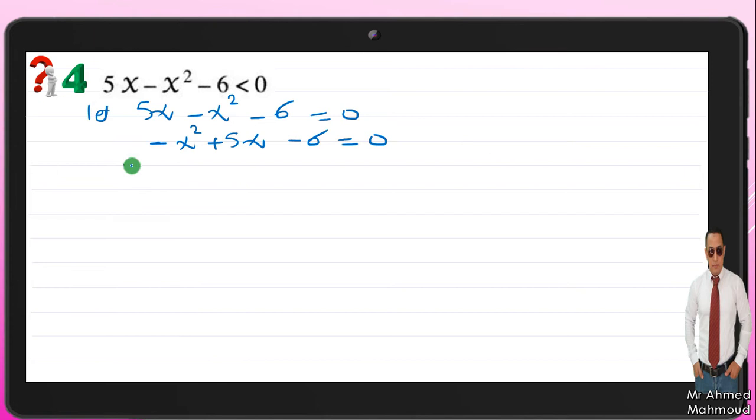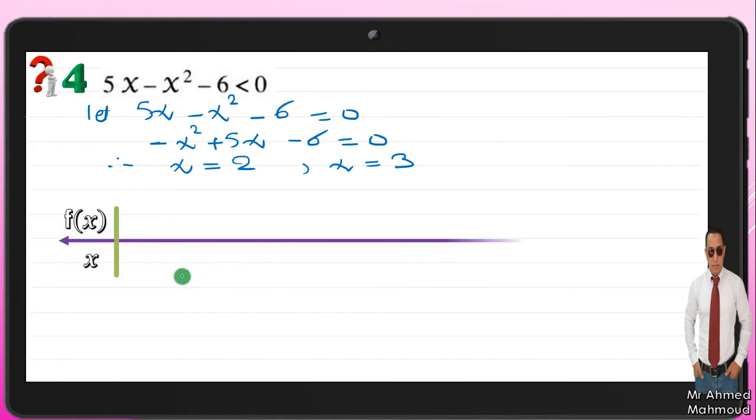Therefore, x1 equals 2 and x2 equals 3. This is the roots by using the calculator. Here we have negative infinity, infinity, and in between there are 2 and 3. Here the 0 value of the function, and here also.